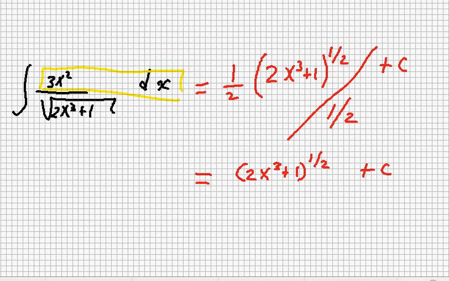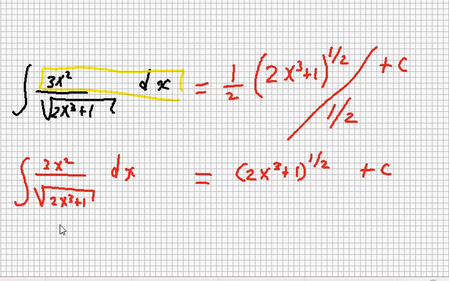And we are done. We found the antiderivative, the indefinite integral of the expression 3x squared over the square root of 2x cubed plus 1 with respect to x, is equal to this. Of course, what we did was use u substitution.